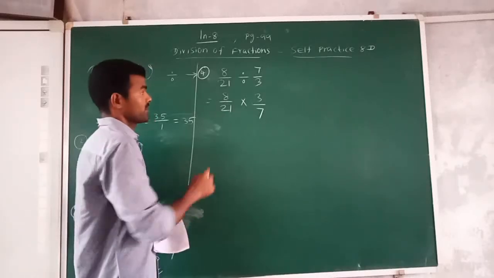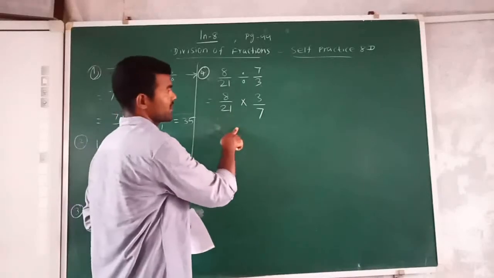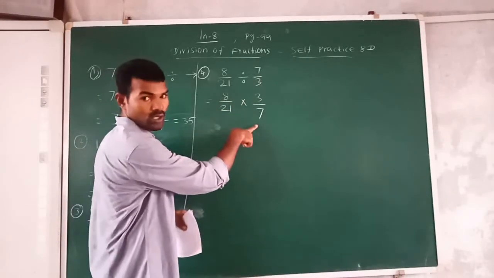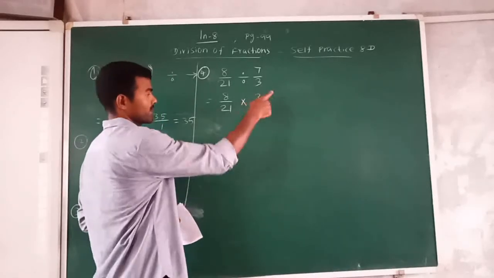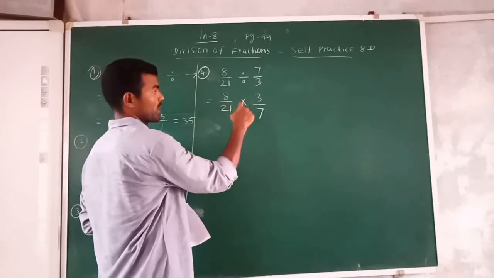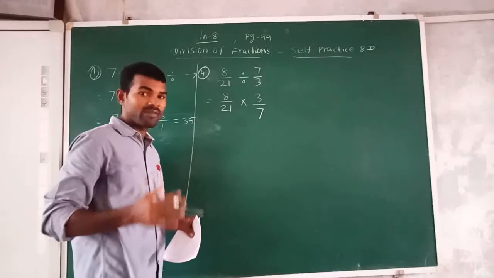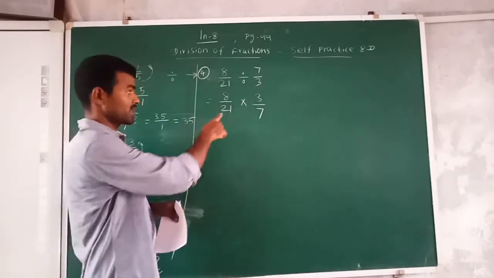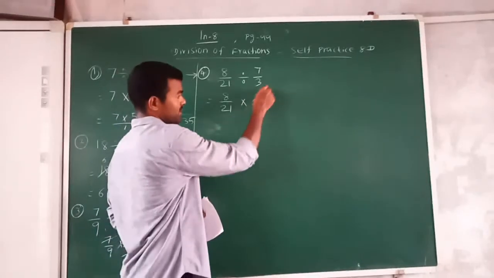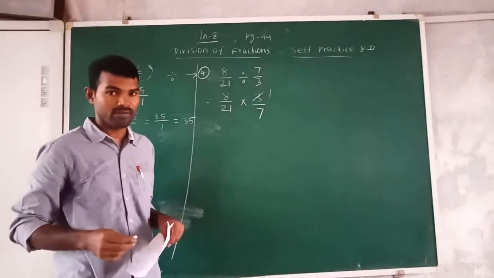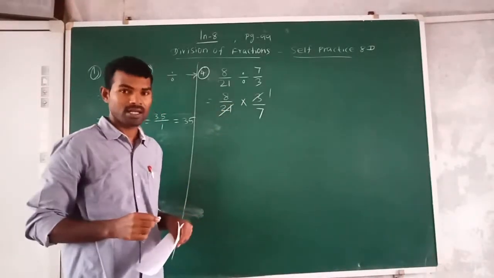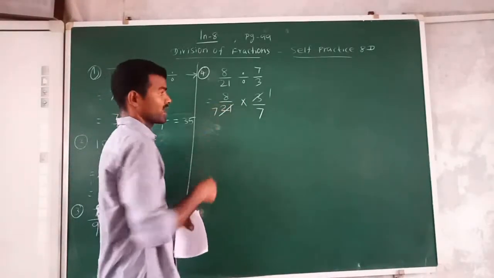Between 8 and 7 there is no common factor. On this side, 21 and 3 have the common factor 3. We can divide 21 by 3. 1 times 3, and in 21, 7 times 3. So 7 times we can divide.